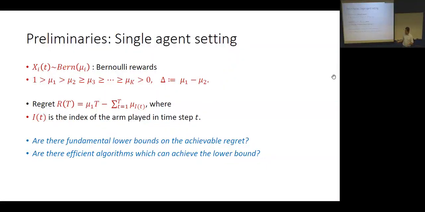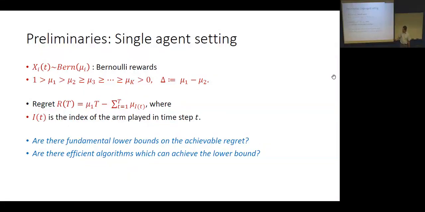You get a reward of 1 with probability mu_i. Let's say we have ranked the arms from the best in decreasing order. The gap between the best and second best arm is going to play a role in some of the results, so we'll denote that by delta. The regret up to some time t is what you would have got if you had played the best arm in every time step, which is mu_1 times t, minus what you actually got, where the index is the arm you actually played at time step t. So this is your regret.